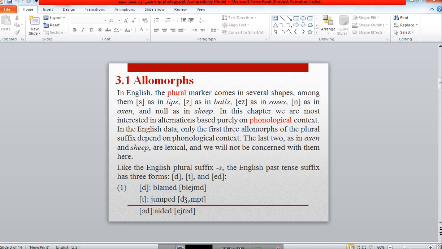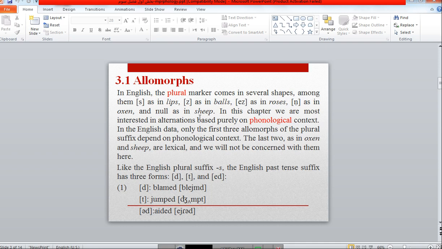So in this chapter, we are most interested in alternation based purely on phonological context. In the English data, for example, only the first three allomorphs of the plural affix depend on phonological context. The last two, as in oxen and sheep, are lexical, and we will not be concerned with them here.